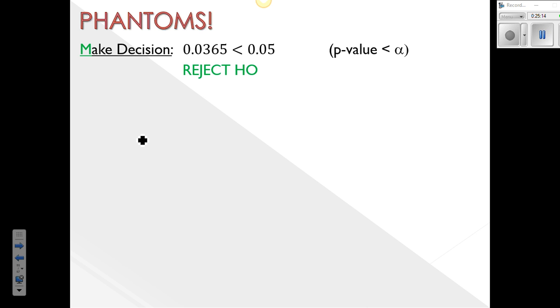That means if the true mean wind speed in this certain city is actually 8 miles per hour, there is a 3.65% chance that we would see a mean wind speed of 7.675 miles per hour or more extreme by random chance. Which means we would not see something that extreme or more extreme very often, only about 3% of the time, which is why we're skeptical here.